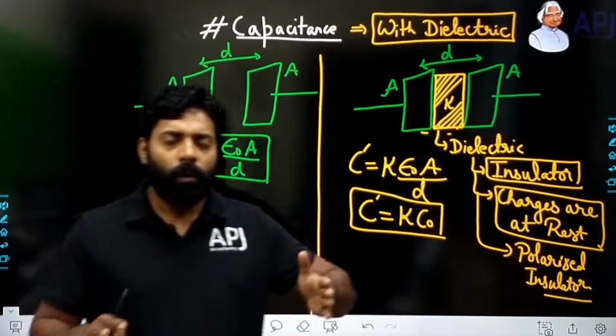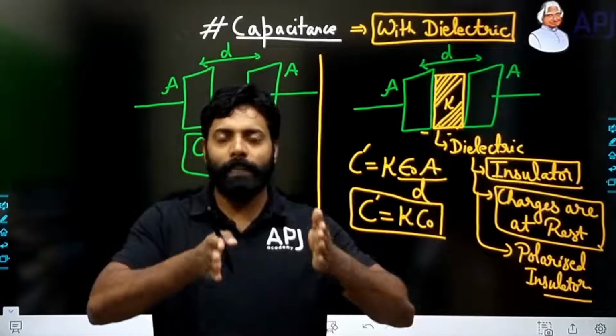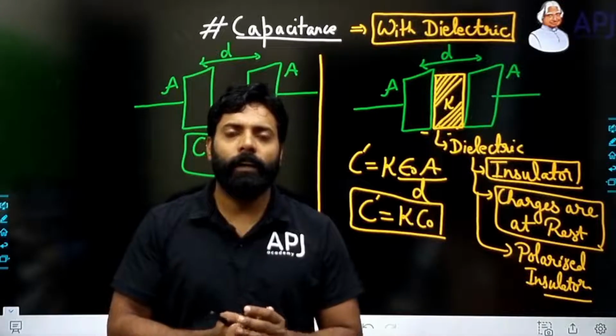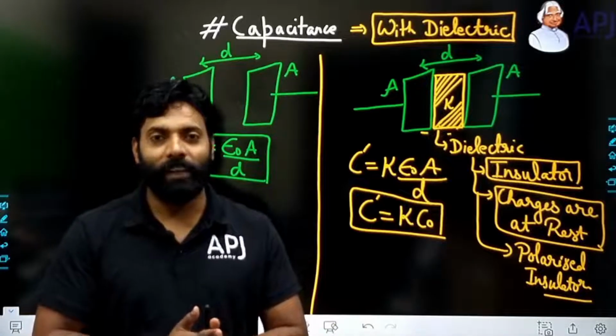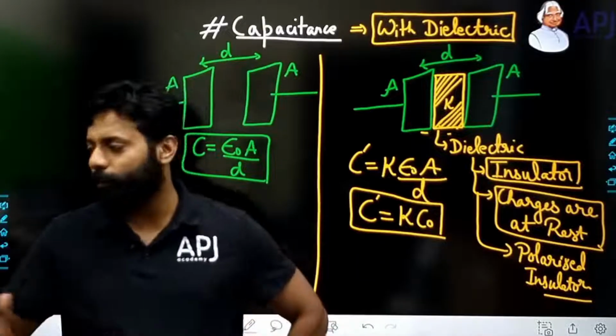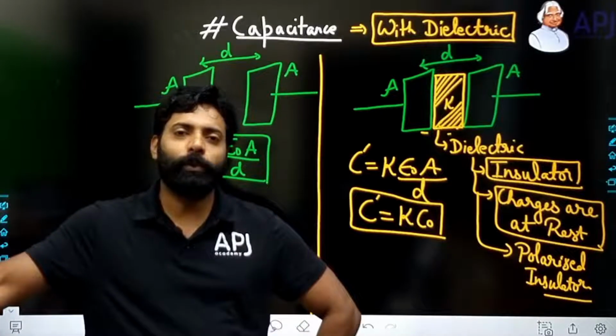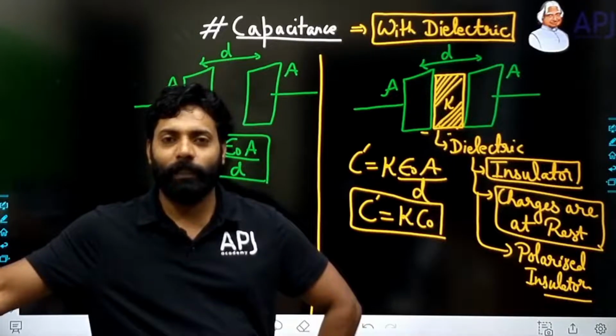Now we will do a condition where the distance between the plates and the thickness of the slab we are inserting are not equal. This is the case you might get in your exam, because these formulas are very simple and meant for school students of class 11th and 12th.